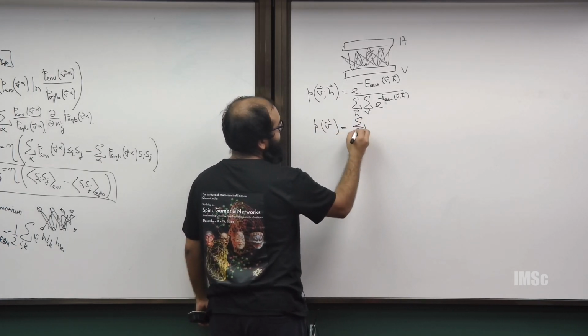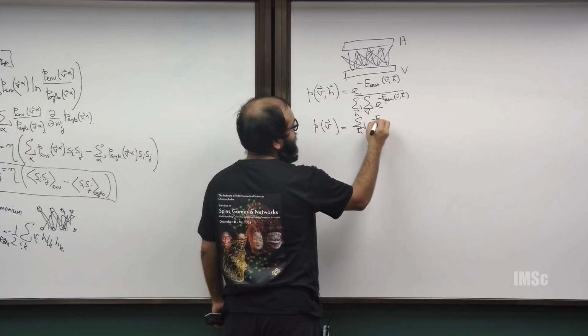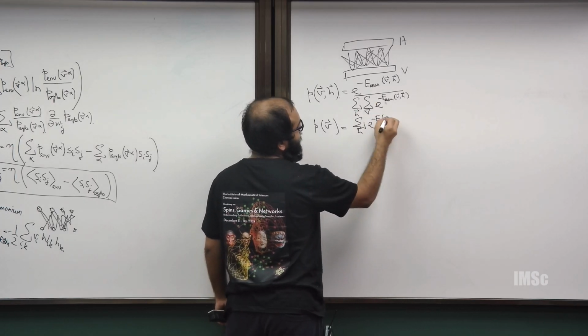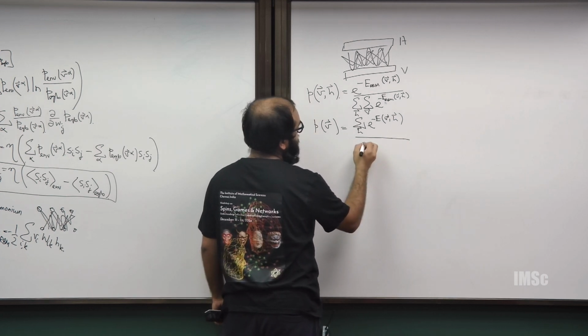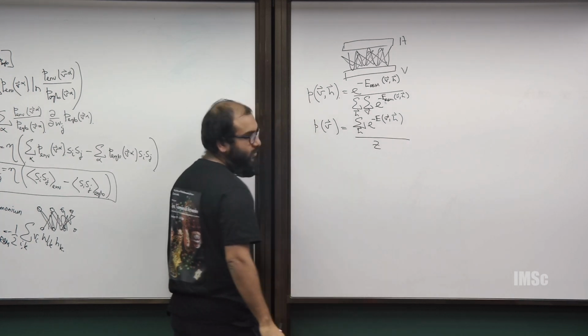You sum over all the H, leaving out the RBM because you already know what it is, and divide by Z.